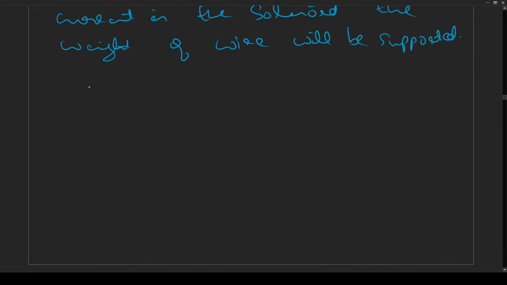Now solution: force on wire, mg downwards, is equal to BIL, which is the force experienced by a conductor.